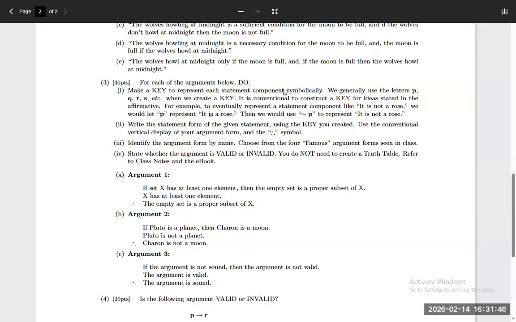Okay, so you don't like the word component. Do you know what component means? Yes. So when you see this first statement form, if P then Q, you know what the components are of that? Yes. What are the components?